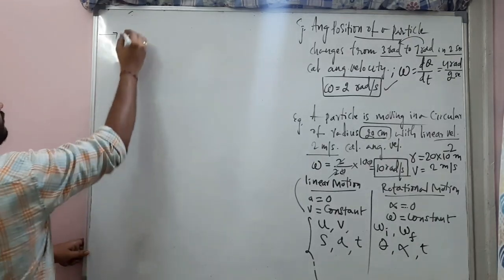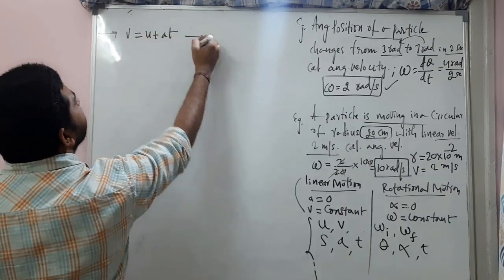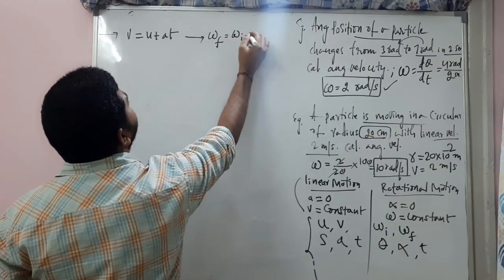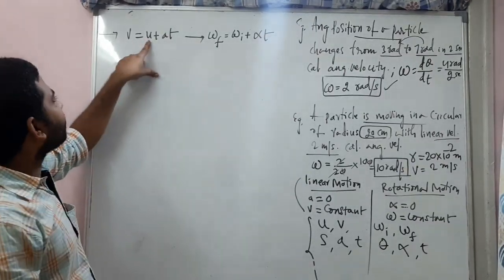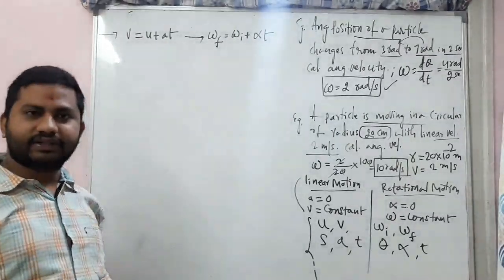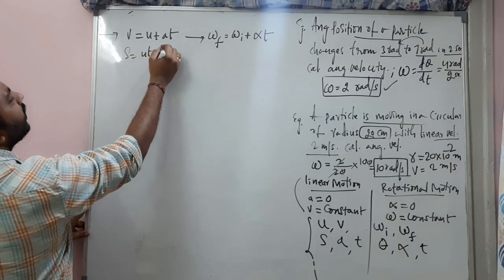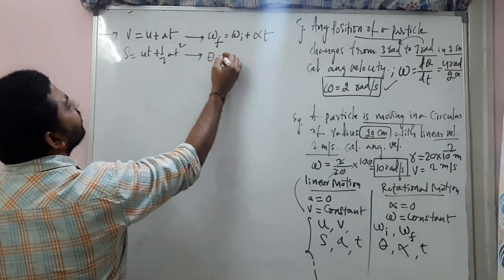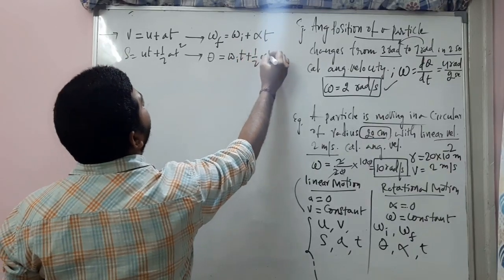So we have v is equal to u plus at, and this becomes omega f is equal to omega i plus alpha t. Next, s is equal to ut plus half at square, and this can be written as theta is equal to omega i t plus half alpha t square.